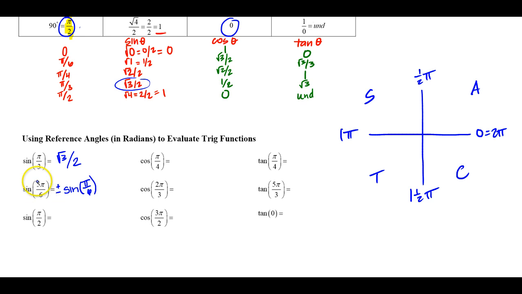So 5/6 as a fraction is pretty close to 1, so it's over here in quadrant 2. So that's where sine is positive. So we know that our answer is going to be positive sine of pi over 6. So here on our chart, sine of pi over 6 is 1/2. So our answer is positive 1/2.